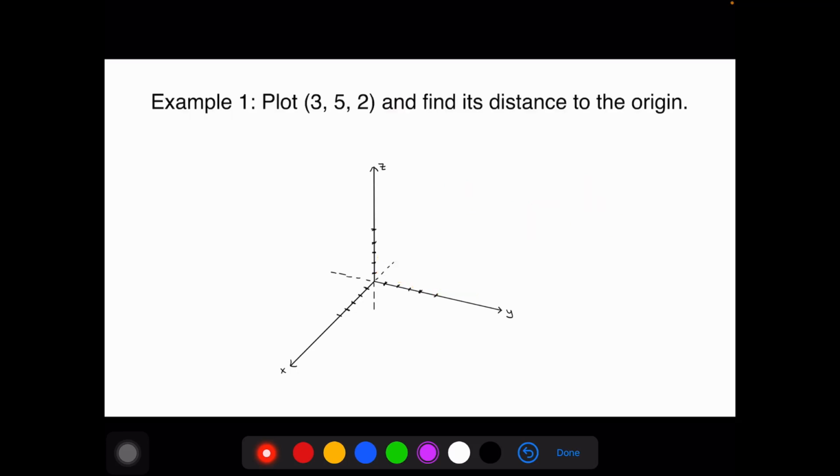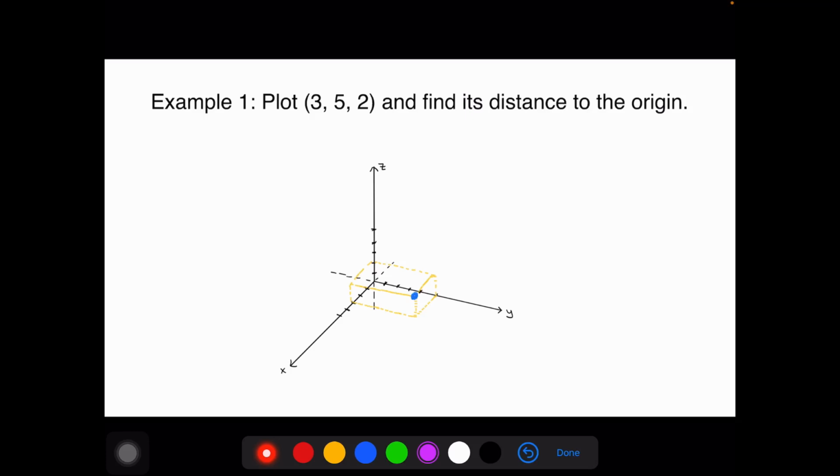All right, so let's plot a point and try to find its distance to the origin. So I'm going to plot the point 3, 5, 2. So let's see, x is 3, y is 5. So I've tried to sketch in yellow what I'm thinking right now. So over 3 on the x, over 5 on the y-axis, and then from that location, I have to go up 2.